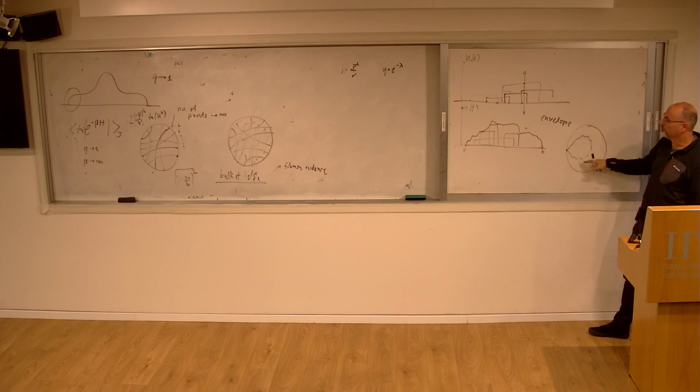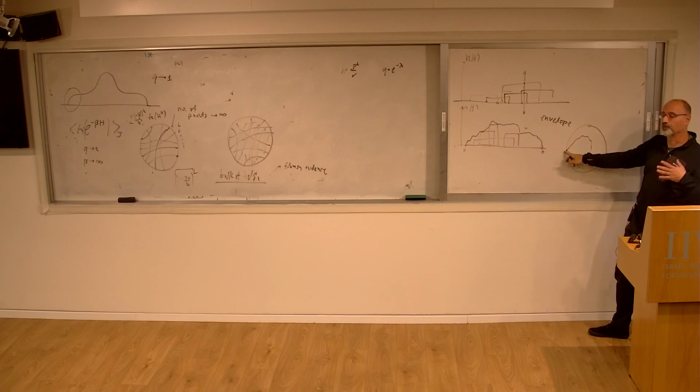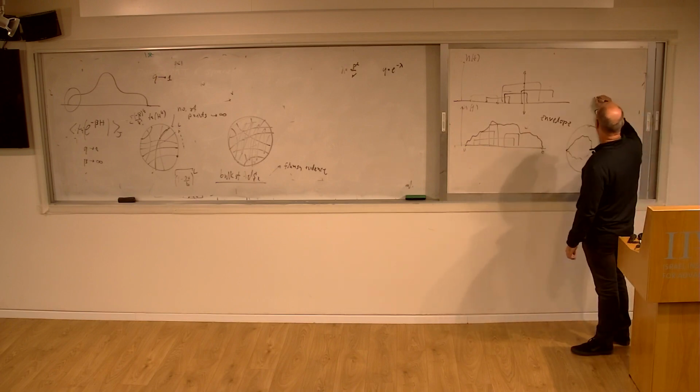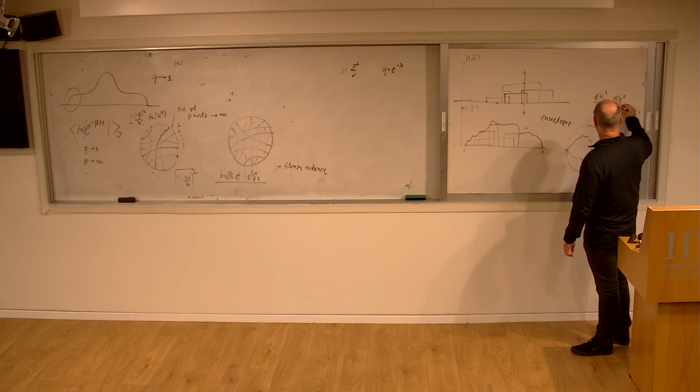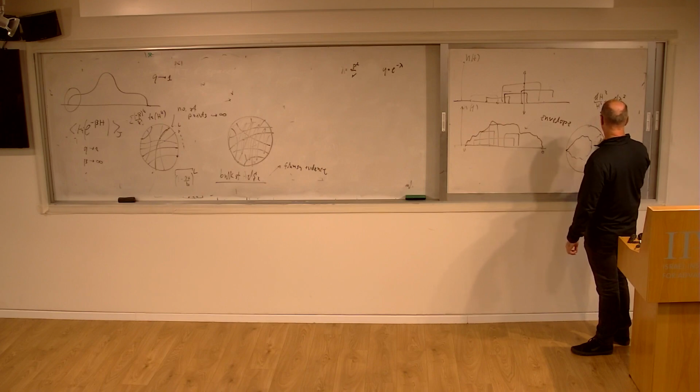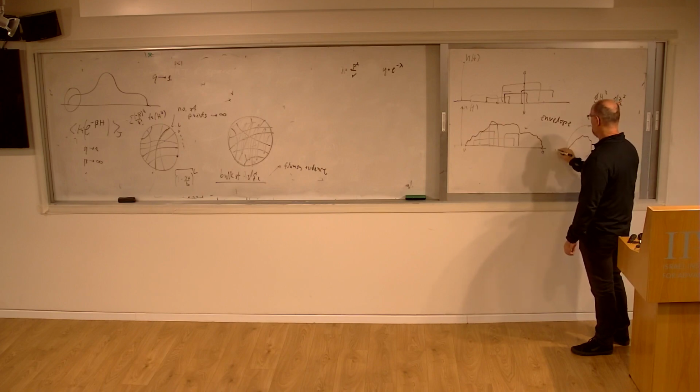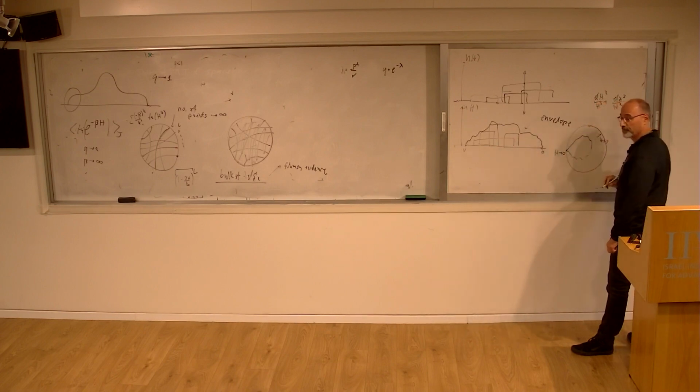So this is the disk. And if I want to work in Poincaré coordinates, there's a special point, which if I go to the Minkowski version becomes the Poincaré horizon. This is (dh² + dz²)/h², and here h goes to 0, and this is h going to infinity, just this specific point.